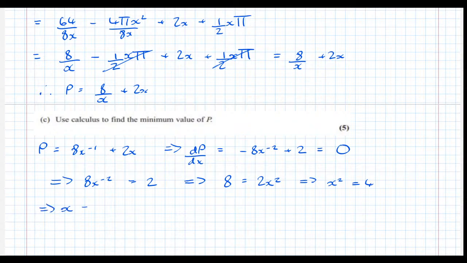So in turn, x equals plus or minus 2. And x has to be equal to 2, since x is a measurement. It cannot be negative.